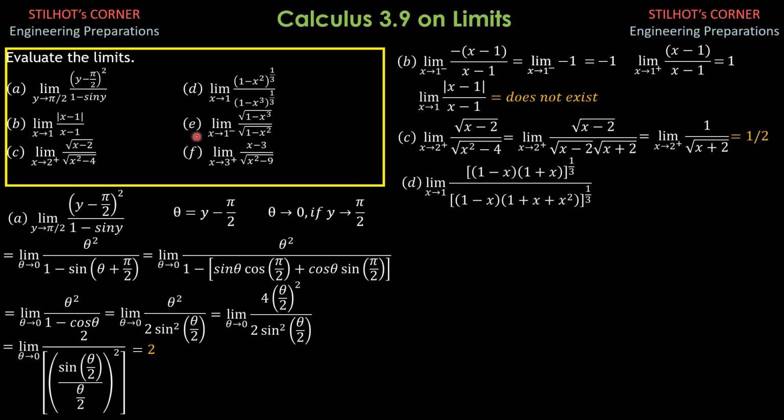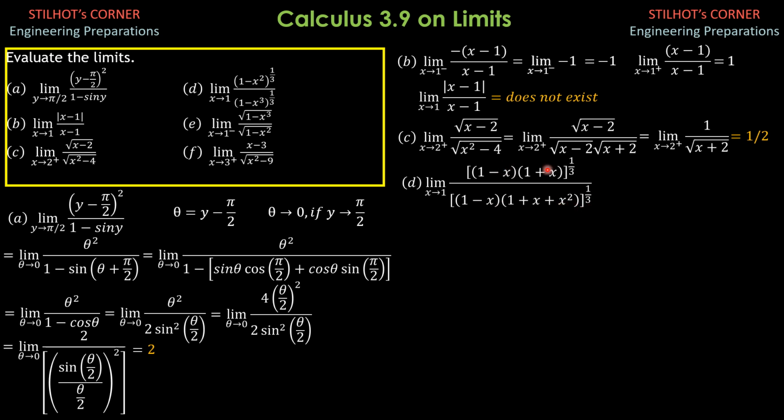Remember that by the difference of two cubes, the cube root of 1 is 1, minus the cube root of x cubed, which is x, and the terms of the other factor are the square of 1, which is 1, the negative of the product, so 1 times negative x, making it negative of negative x, so positive x, then the square of negative x, so positive x squared, raised to 1/3.